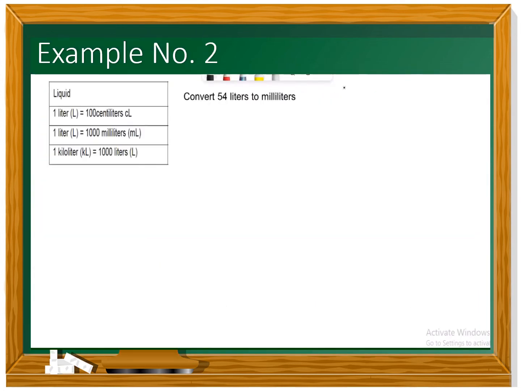Example number 2. Convert 54 liters to milliliters. Since the units involved here are liters and milliliters, we will use these values. First, copy the given, 54 liters.